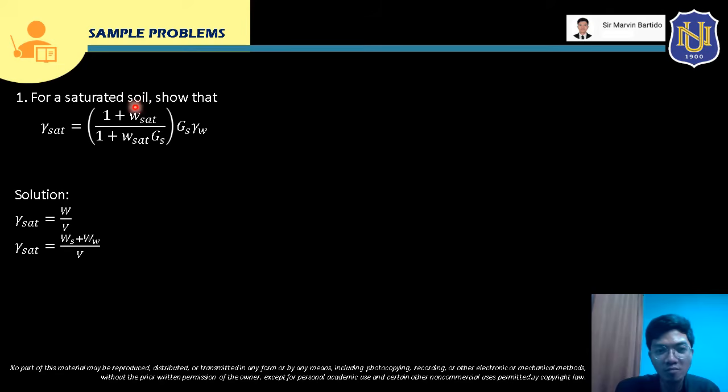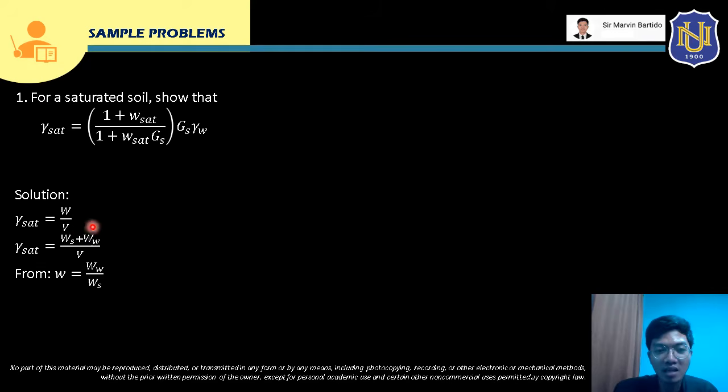So merong involvement ng water content dito class, oh. So kailangan may mapalabas tayo class na water content dito. So isip ka class, 'di ba class, yung water content yan ay equal sa weight ng water over weight ng soil solid. Tama? Ayan. So, ibig sabihin class, ito yung W sub S tsaka W sub W.